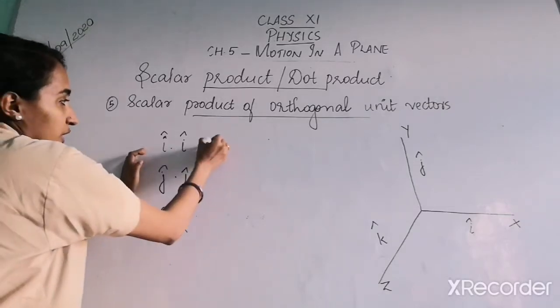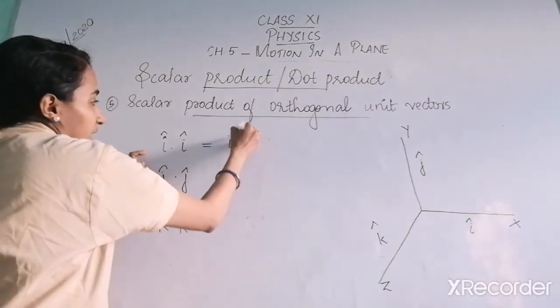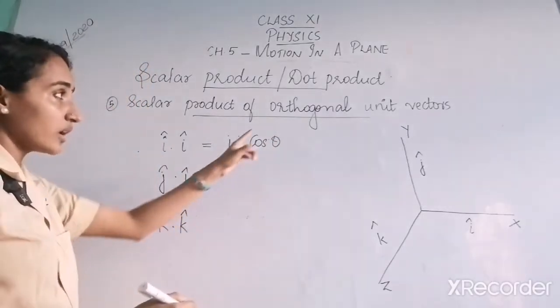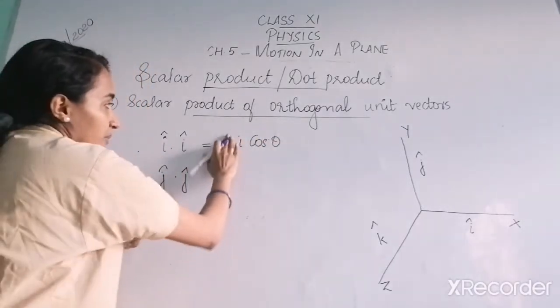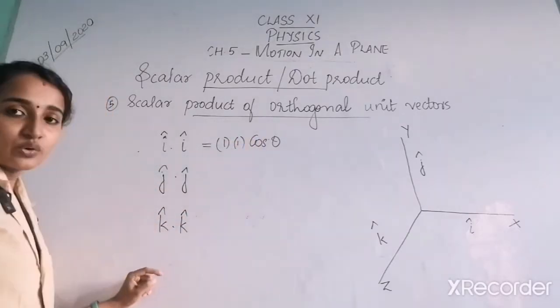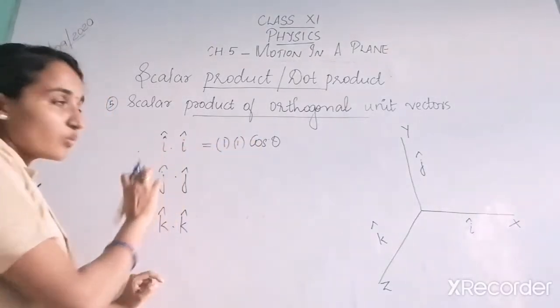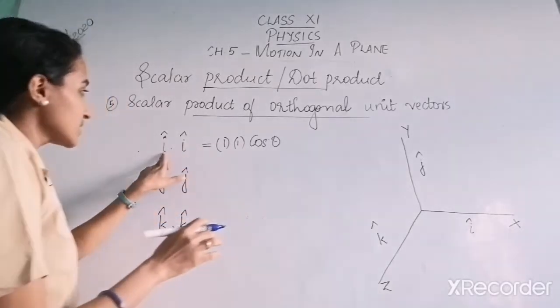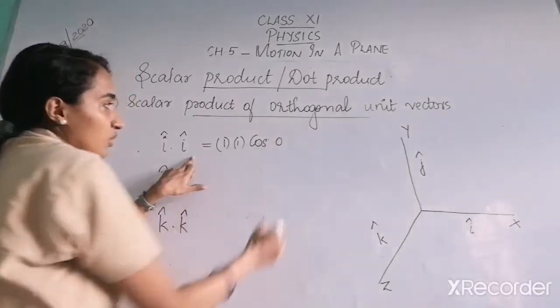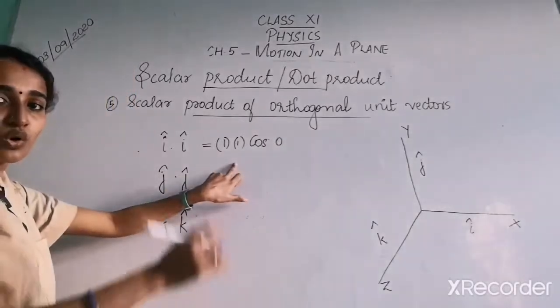For i dot i, it will be i i cos theta. Since they are unit vectors, the magnitude will be 1. Isn't it? Unit vectors are having magnitude 1. Now cos theta, since it is with itself, theta will be equal to 0. Cos 0 is equal to 1.